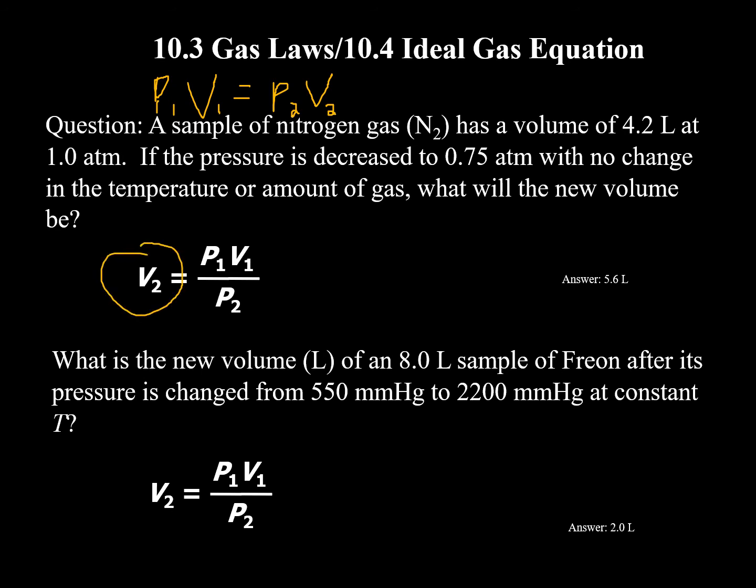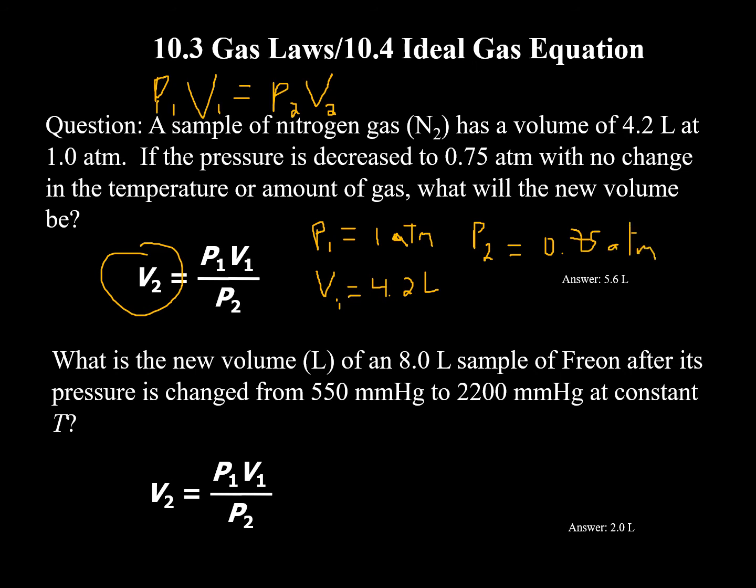So we divide both sides by P2, and we just plug in our values. So P1 again would be 1 atm, V1 would be 4.2 liters, and P2 would be 0.75 atm.